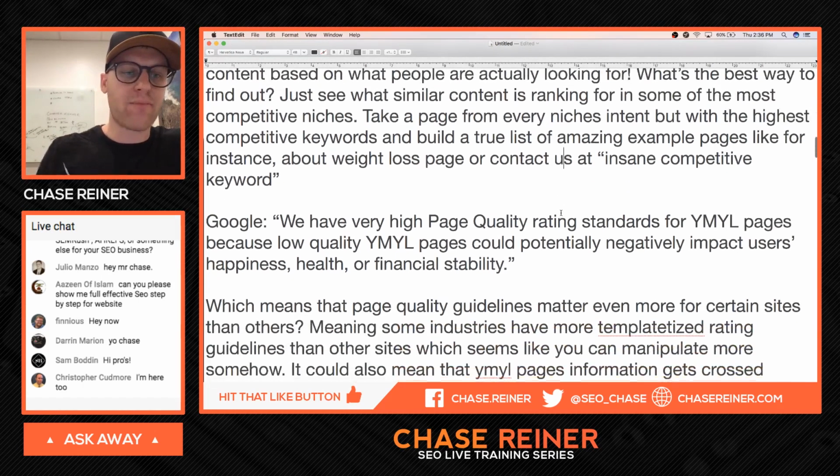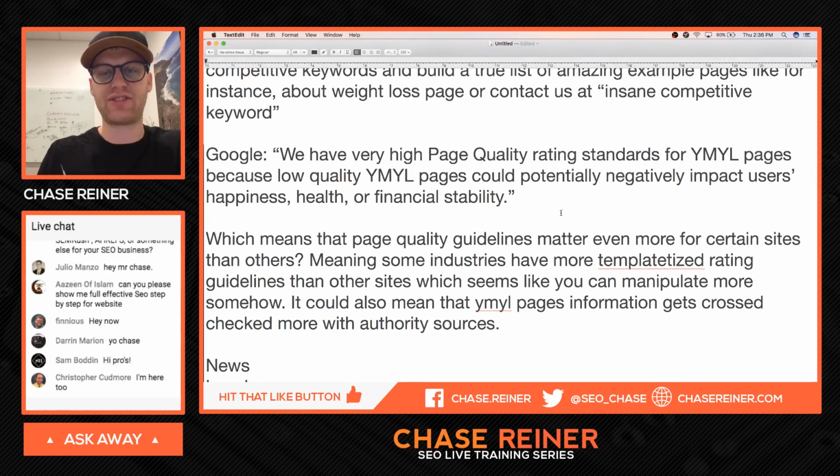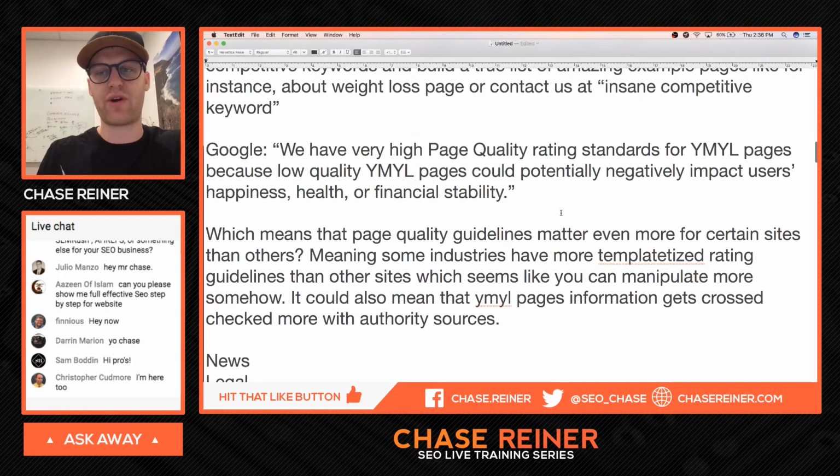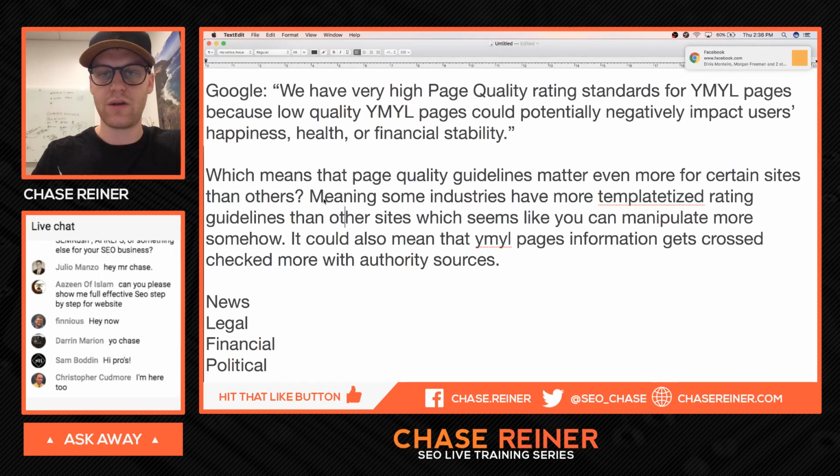All right, Google says we have very high page quality rating standards for YMYL pages, and YMYL means your money, your life. It's going to explain what that means right here. So hold on. Low quality YMYL pages could potentially negatively impact users' happiness, health, or financial stability. So that makes sense, right?